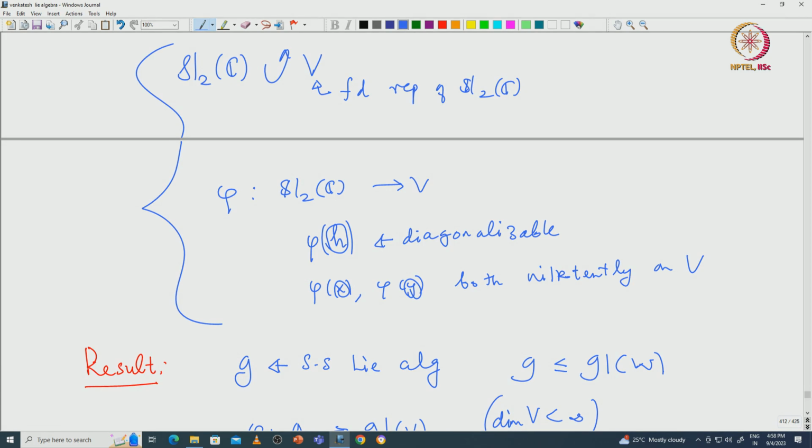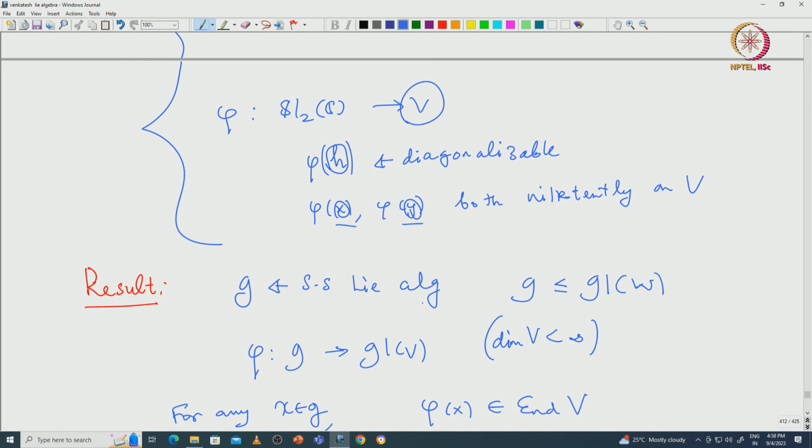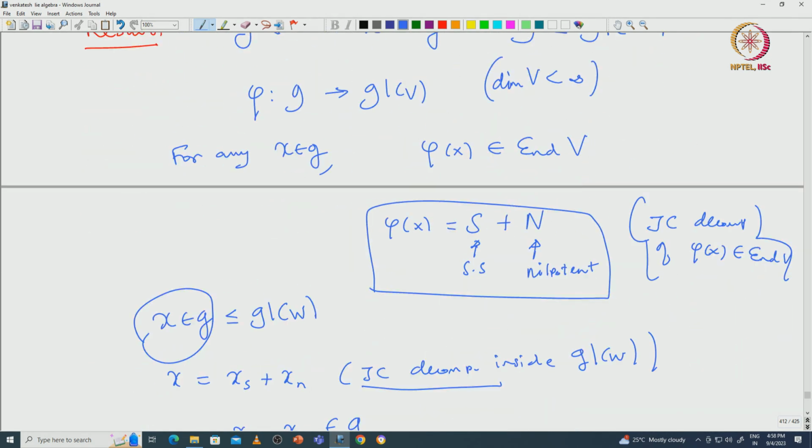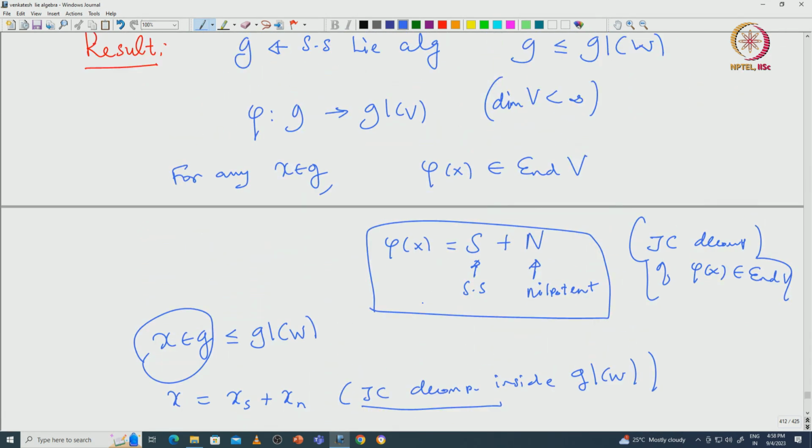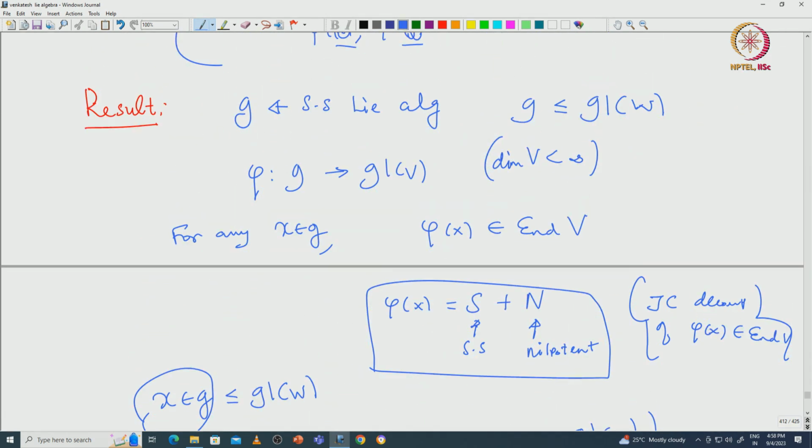What we proved is that the action of H on any finite dimensional representation is semisimple, and similarly X and Y act nilpotently on any finite dimensional representation. So, we want to connect all these dots and relate this with the adjoint representation, ad g, which is isomorphic to g.